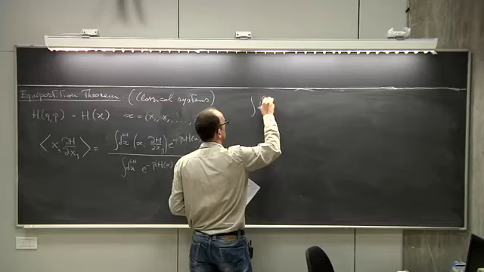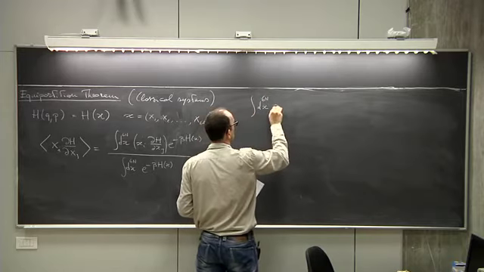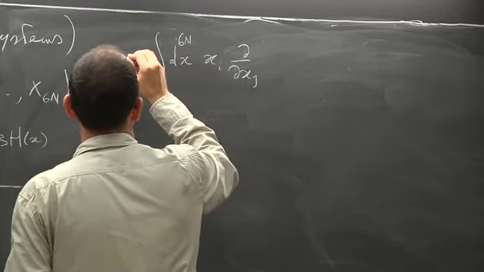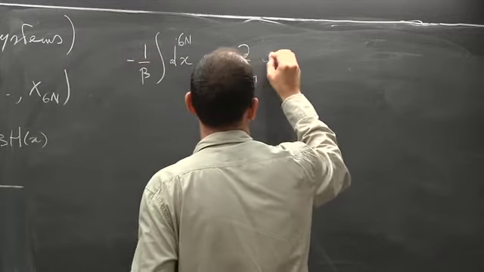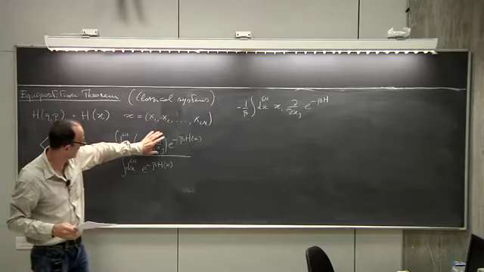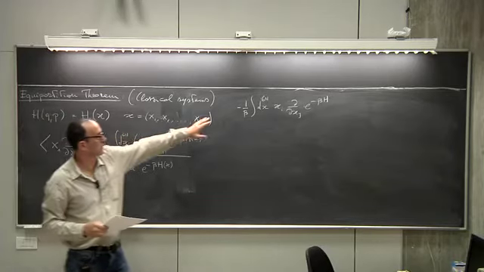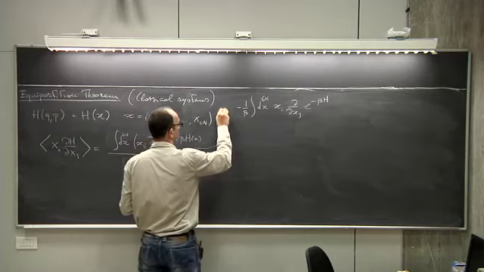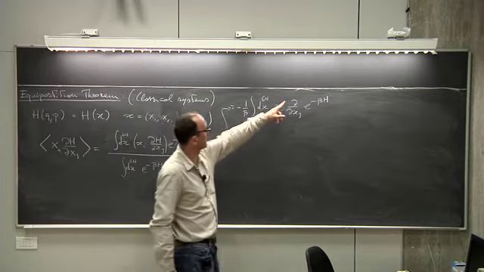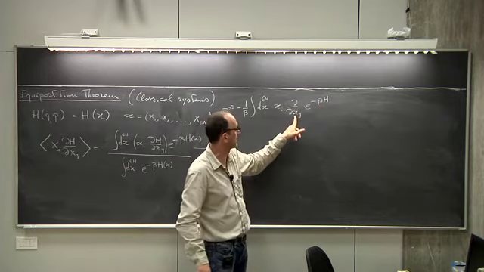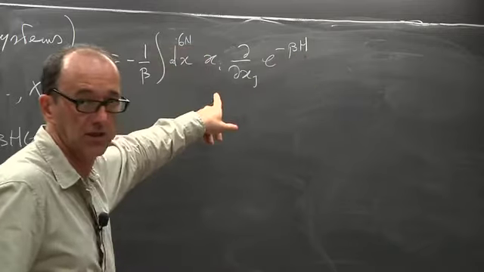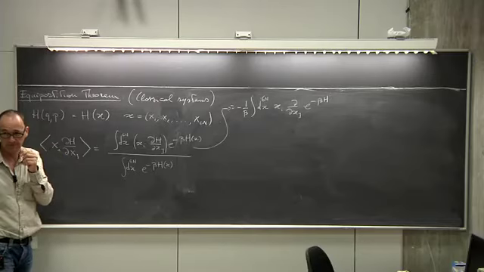I can write it in this form, as xi times the derivative with respect to xj of minus 1 over beta of e to the minus beta H. Because when I take the partial derivative of e to the minus beta H with respect to xj, I will have e to the minus beta H times the partial derivative of H with respect to xj, and a factor minus beta, which cancels that.